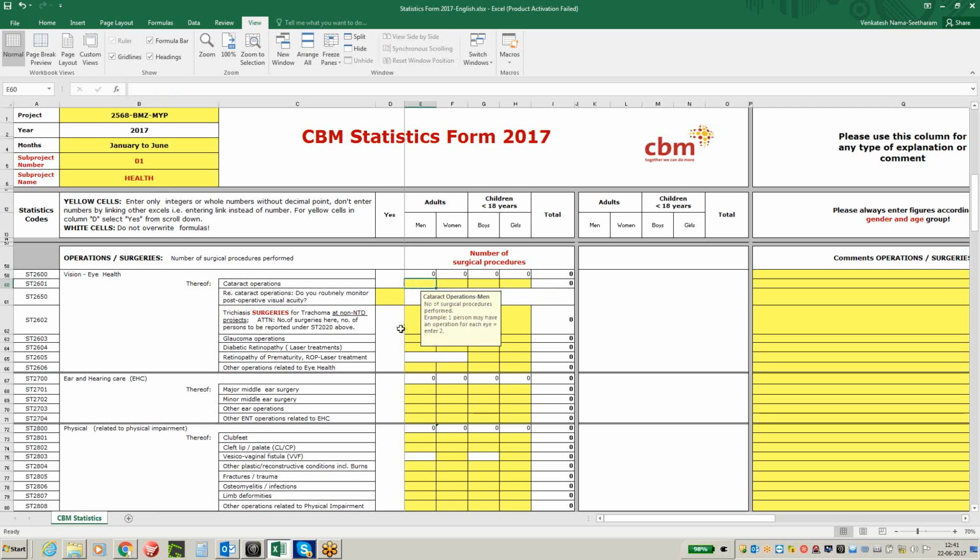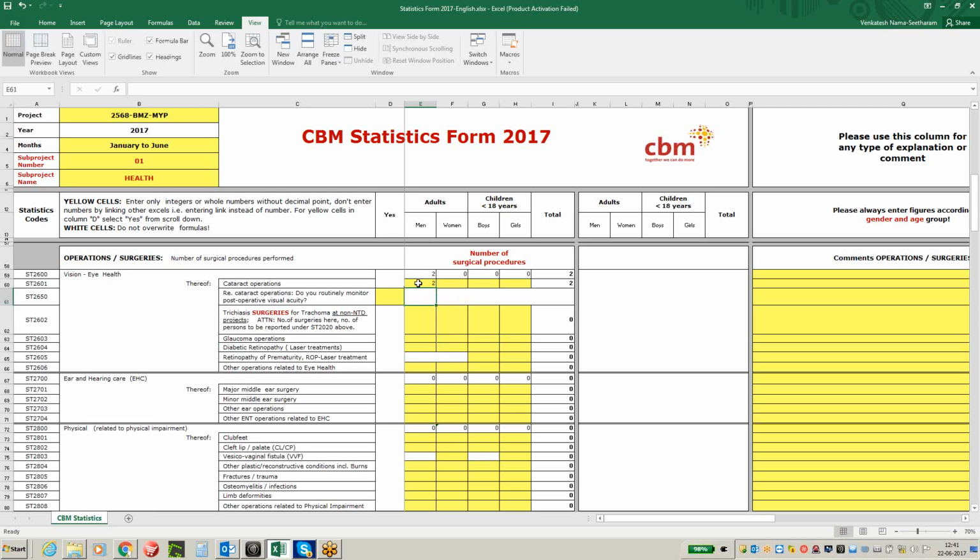And for this, there are no persons with disability. Here we are counting the number of surgical procedures. The partner has to make sure, for example, if one person is having 2 cataract operations, then he'll enter 2 here. It is not persons counted, it is the number of procedures or operations that have been conducted.